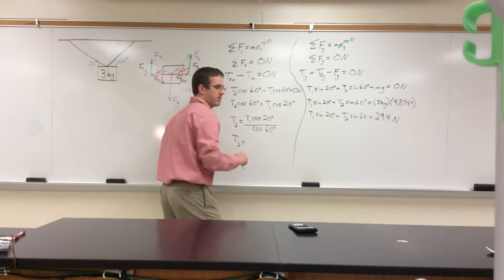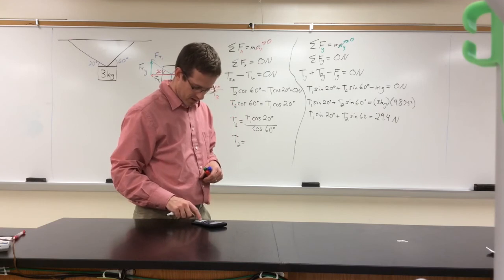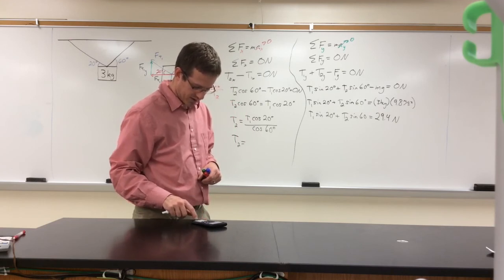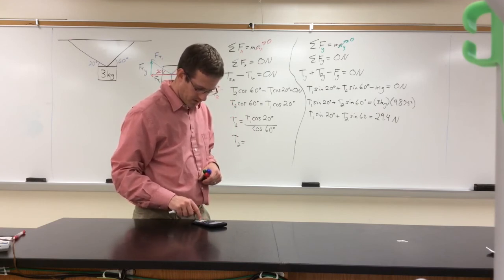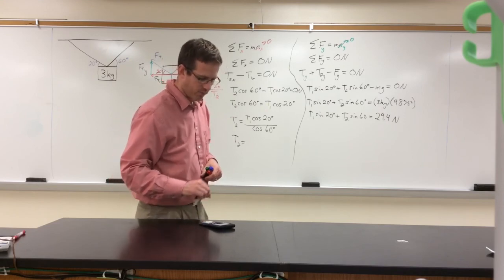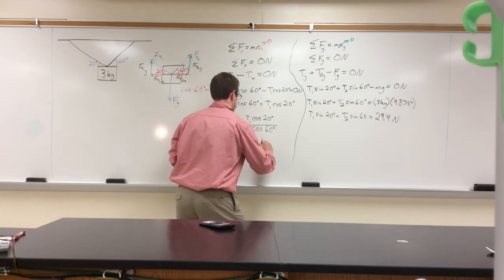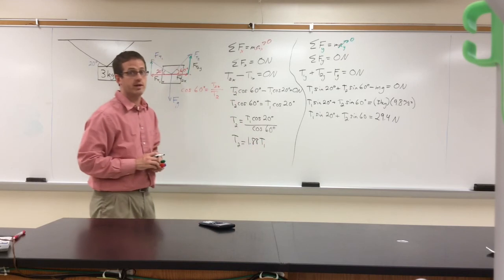It's going to be some number times T1. I don't know what that number is. So on my calculator, I've got cosine of 20 divided by the cosine of 60. And that gives me 1.88 times T1. Make sure you're in degree mode when you're doing those.